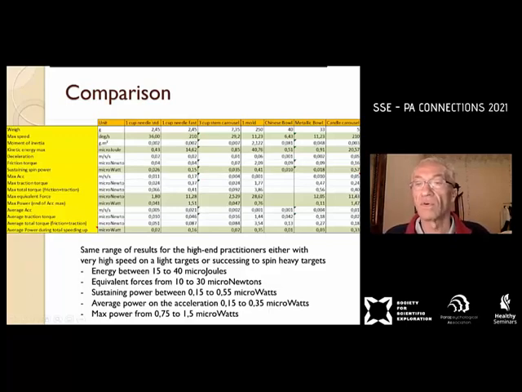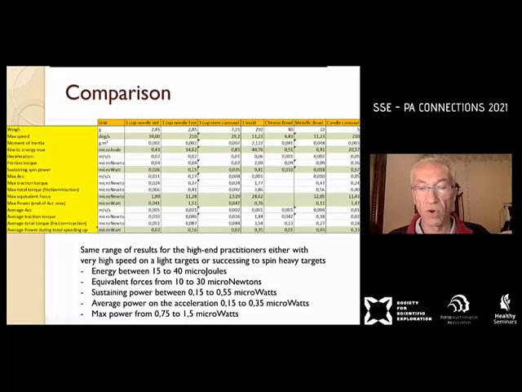And also when we have a mold, you are able to be at 40 microjoule, and with the candle carousel, which was very fast, it was at 20 microjoule. So in fact, what is important to see is that with high-end practitioners, we have the same range of result, whether we go with a very light target running fast, or with a heavy target running slow.